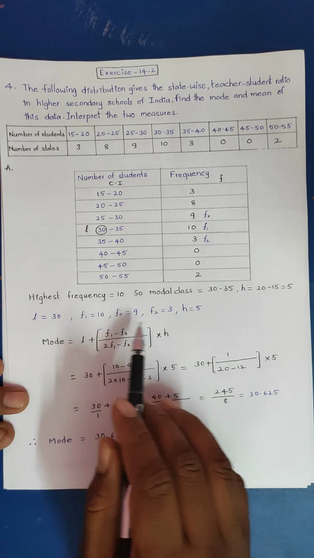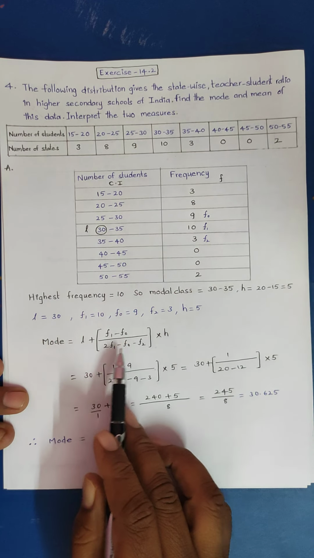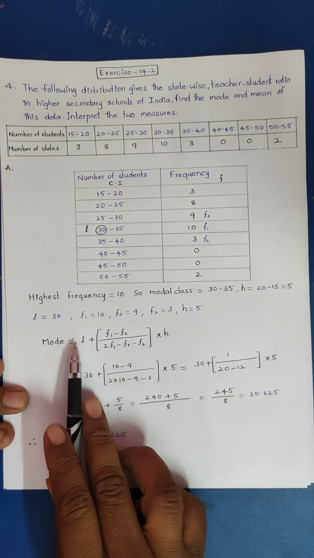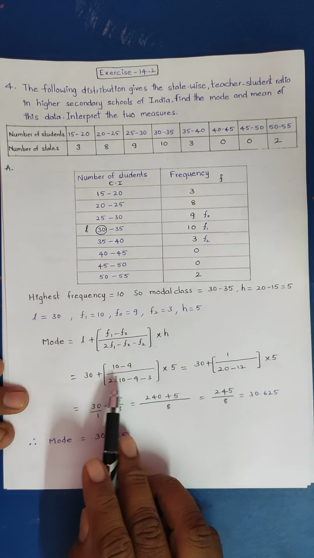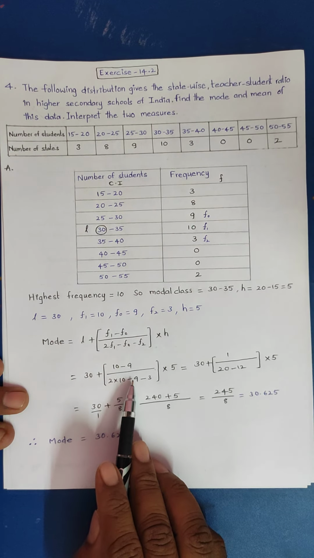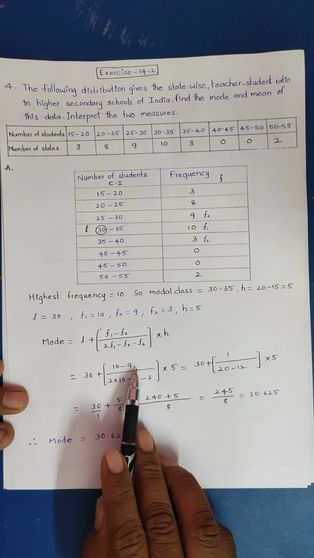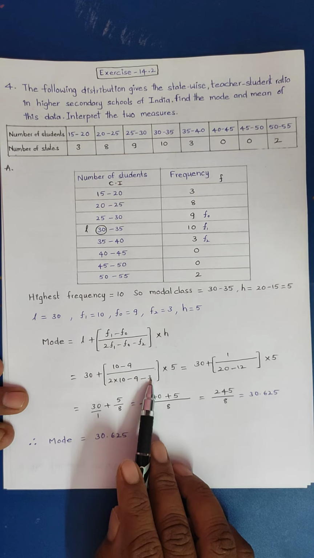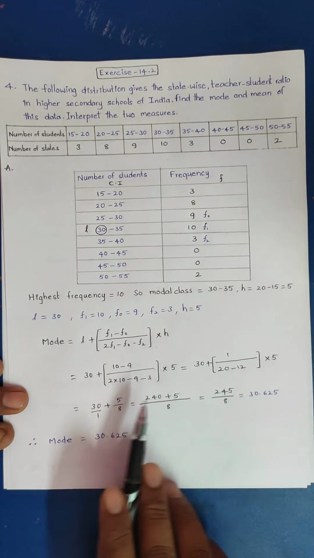Just you substitute all these values in the formula. Mode is equal to L plus (F1 minus F0) by (2F1 minus F0 minus F2) into h. L 30, F1 10, F0 9, by 2F1 10, F0 9, F2 3. 10 minus 9 is 1, 2 tens are 20, minus 3, minus 9, minus 12, remaining 5 as it is.